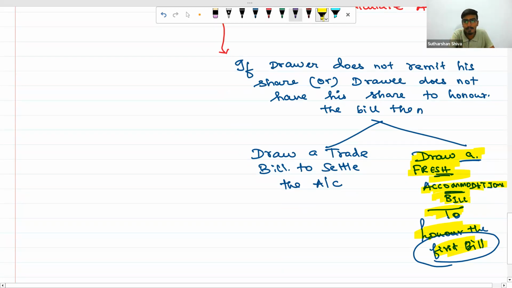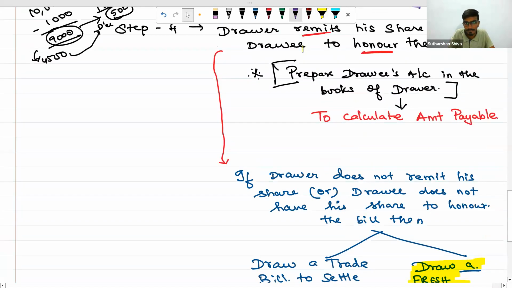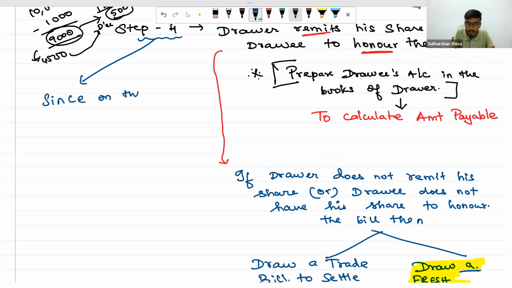Why is this process happening, why can there be such a possibility? I will try to explain it in this part. Why is the drawer going to ask the drawee for that payment? The step number 4 is majorly important since, listen to this point, on the due date the bill has been discounted, correct?